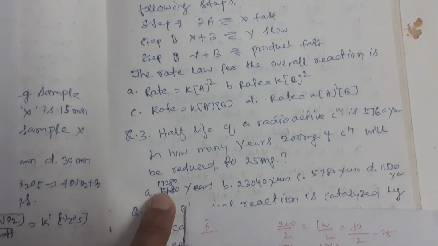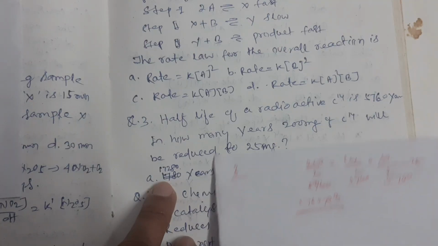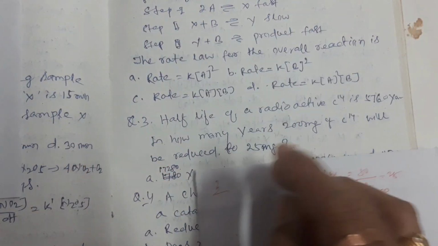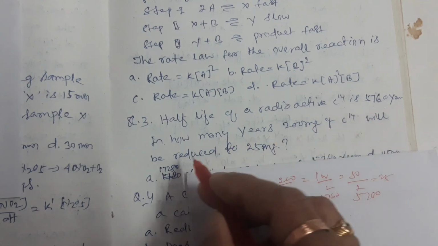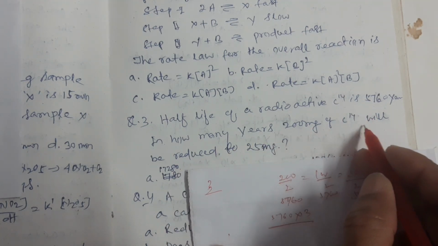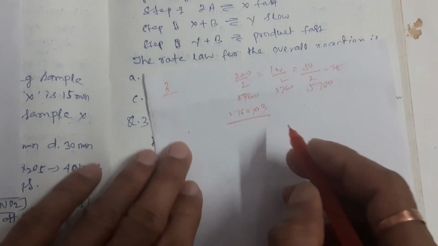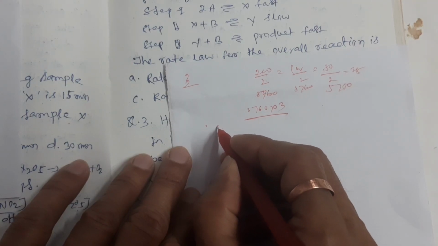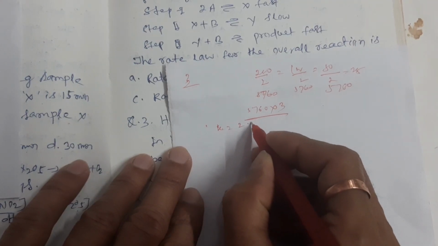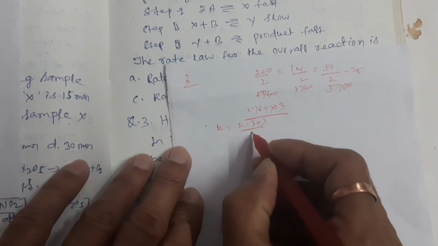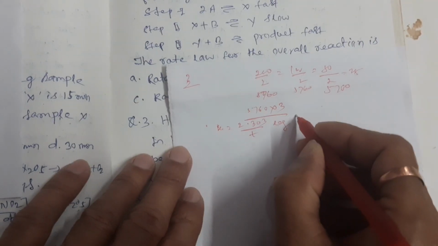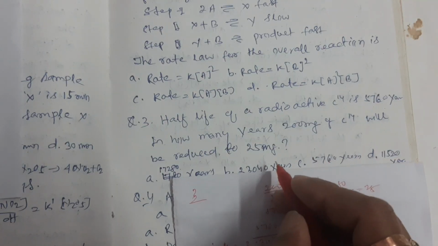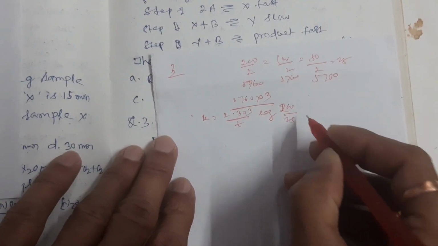That is the common manner, but if you use the formula: k is equal to 2.303 by t log of 200 milligram reduced to 25 milligram.